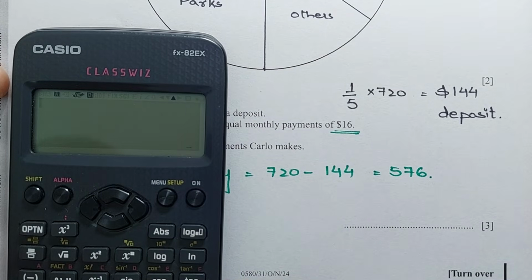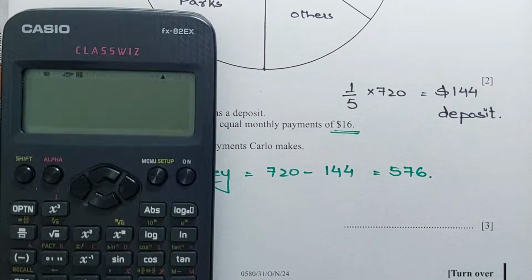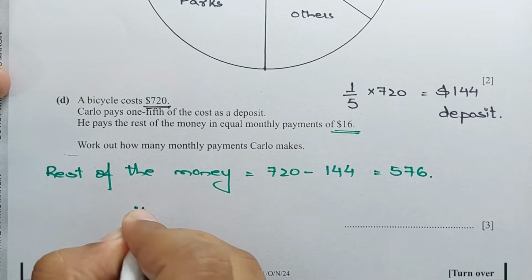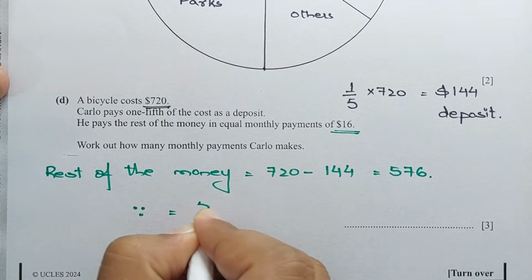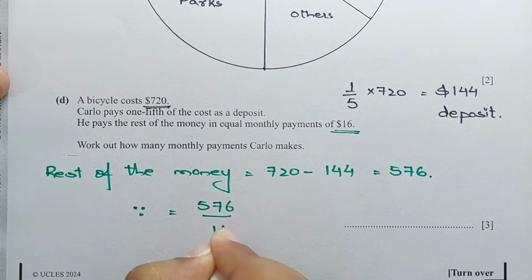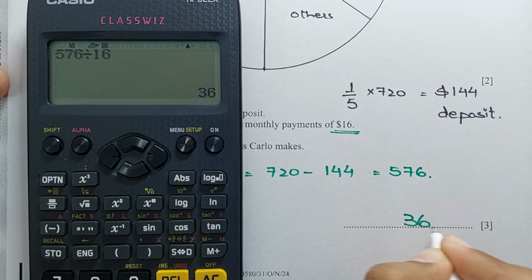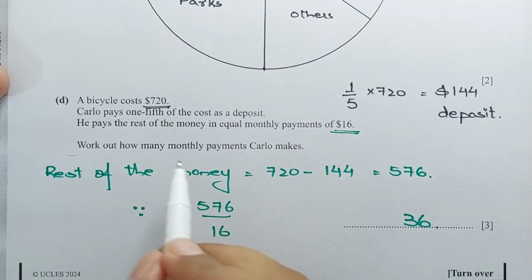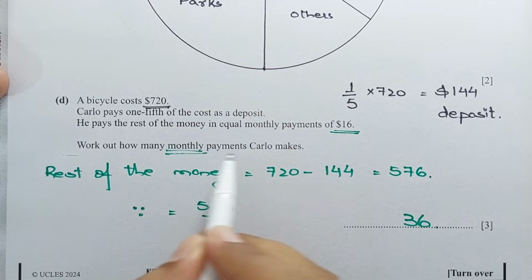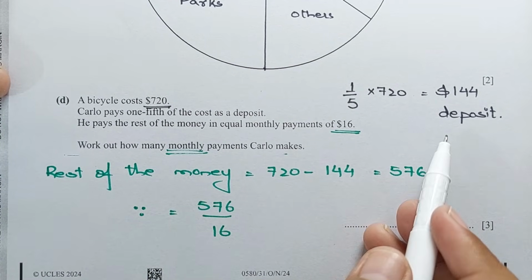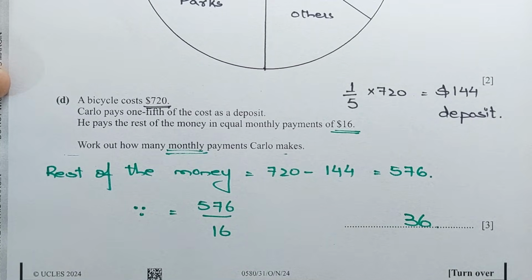In 1 month, he pays 16. In how many months does he complete 576? So divide by $16. 576 divided by 16 is 36. 36 monthly payments Carlo makes to complete the rest of the money.